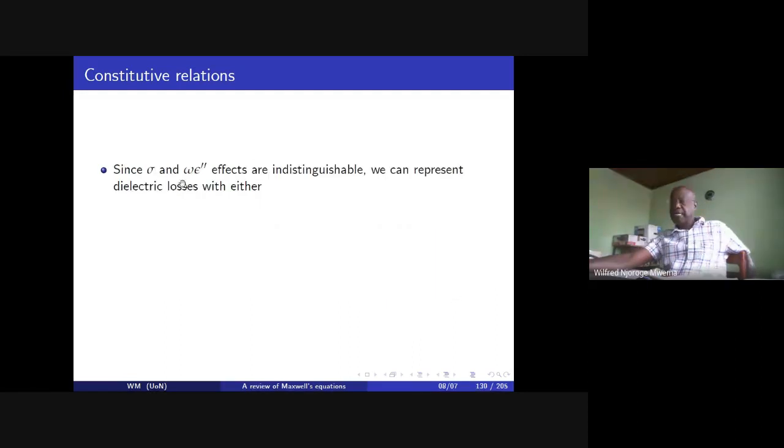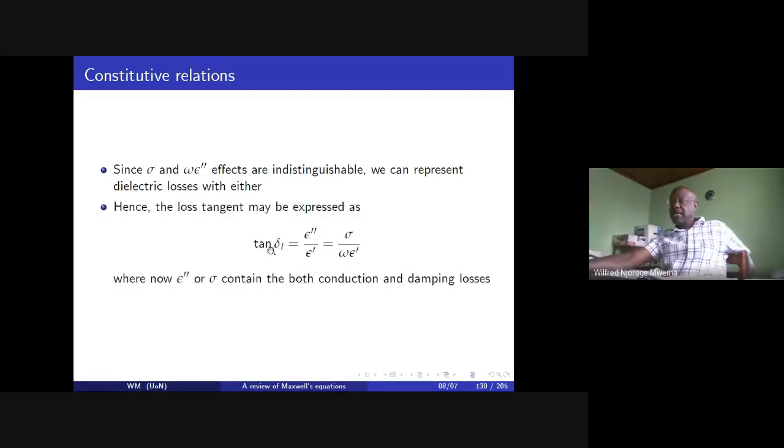And therefore we write these losses as tangent of delta L equal to epsilon double prime over epsilon prime, or sigma over omega epsilon prime. And epsilon double prime or sigma contains both the conduction and damping losses that we have in the medium. And that's how we are going to look at it.